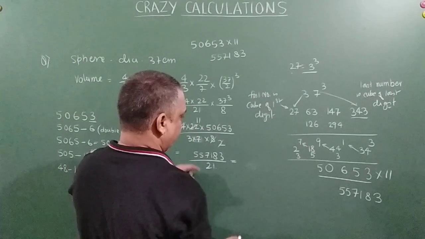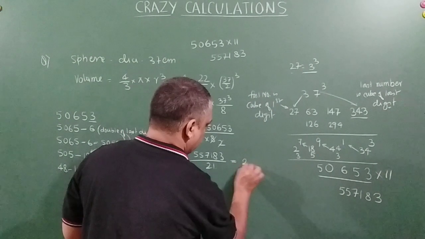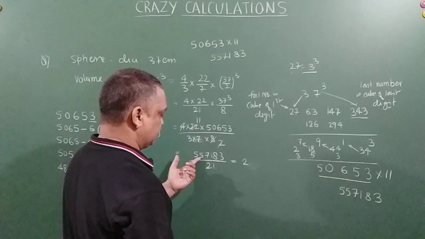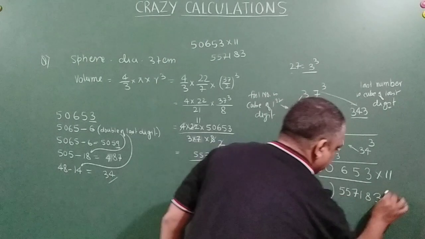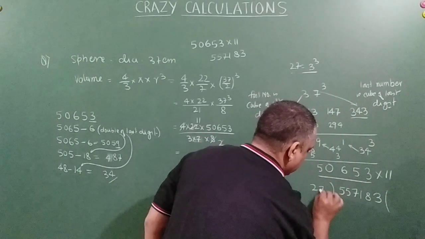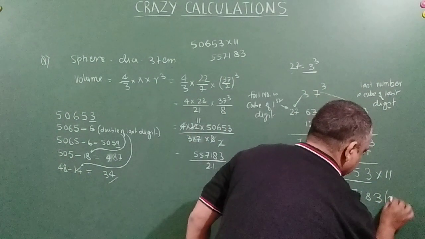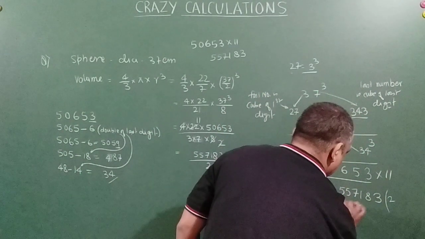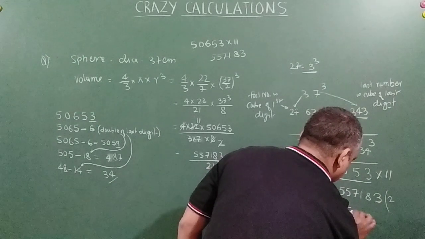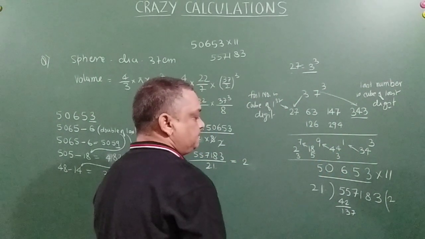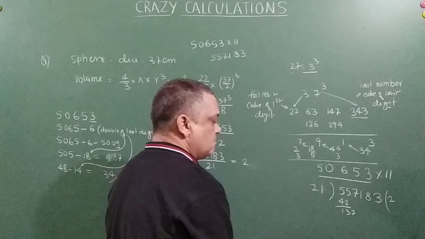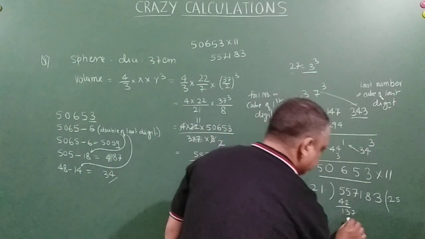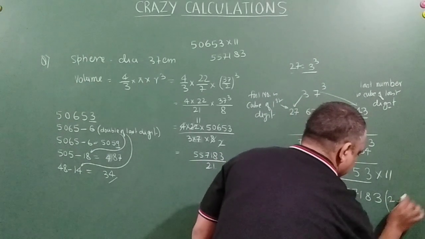Okay, so 21 2s are 42. Remaining is 13. Let's do it here because orally it will be difficult. 21, 42, 13. 6.